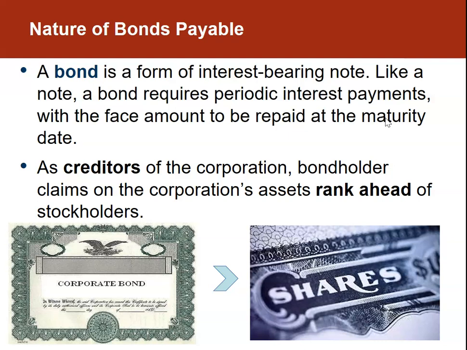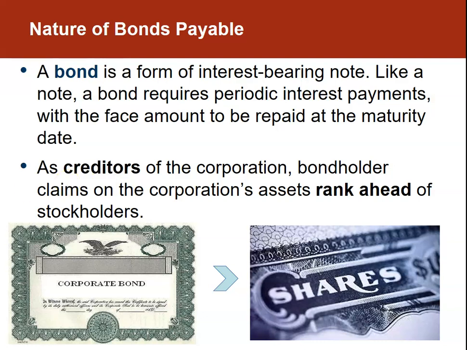So, if you were to go out and buy bonds for, say, $10,000, you're going to get a periodic interest payment, and then at the end of the period, or at the maturity date, you're going to get your $10,000 back. Other information: if you own bonds, if you're a bondholder, you are a creditor of the corporation that sold you those bonds.